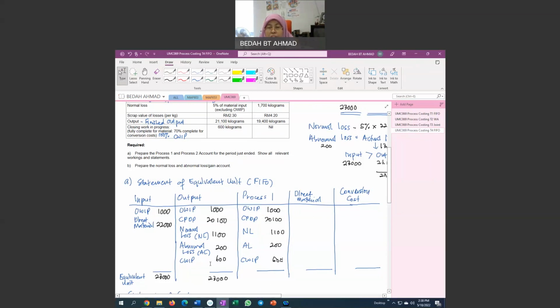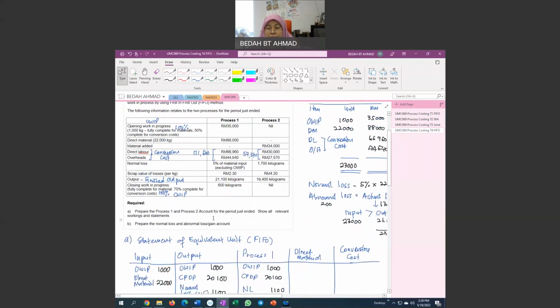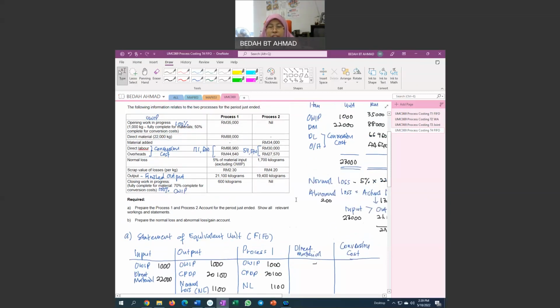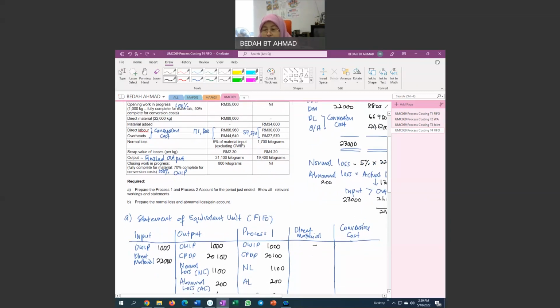How much is already completed? Given in the question, the 1,000 kilos are fully completed for materials, so it is 100%, which means there is nothing more to add for the opening work in progress. For conversion cost, it is 50% complete, so you just take 50% of the 1,000 output, which is 500.